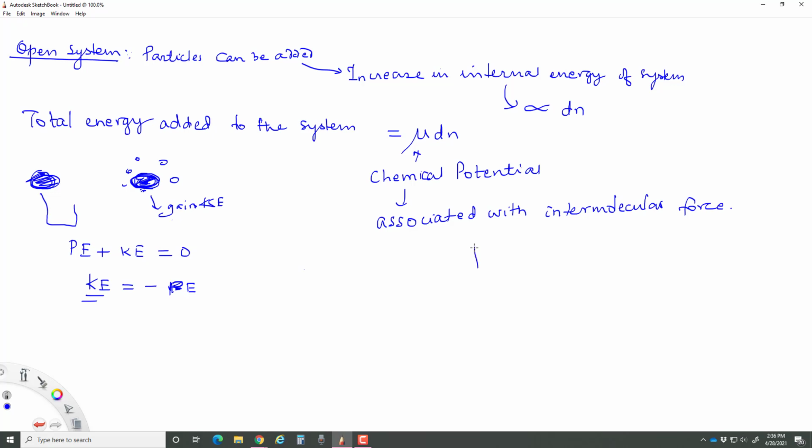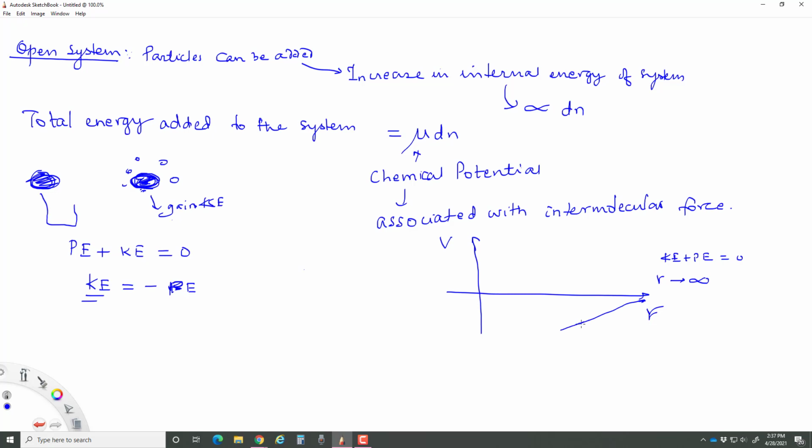If you want to draw the potential diagram for the particles you're adding, initially at distance infinity, when the particles are infinitely far away from the particles in the system, the kinetic energy and potential energy are zero. Then when you bring it close to the particle, it falls in the potential well.